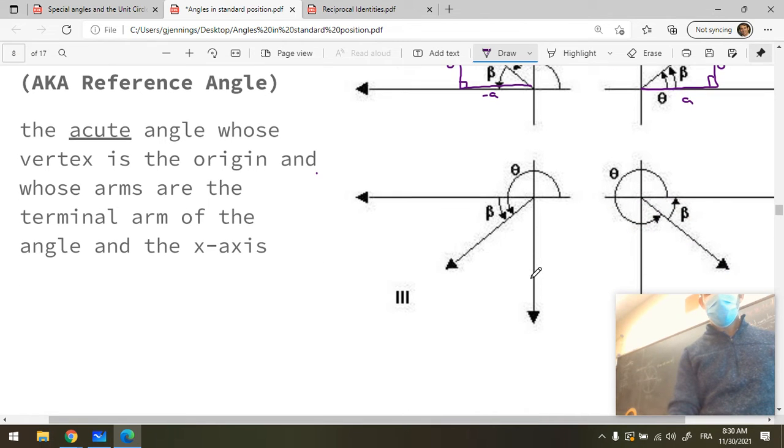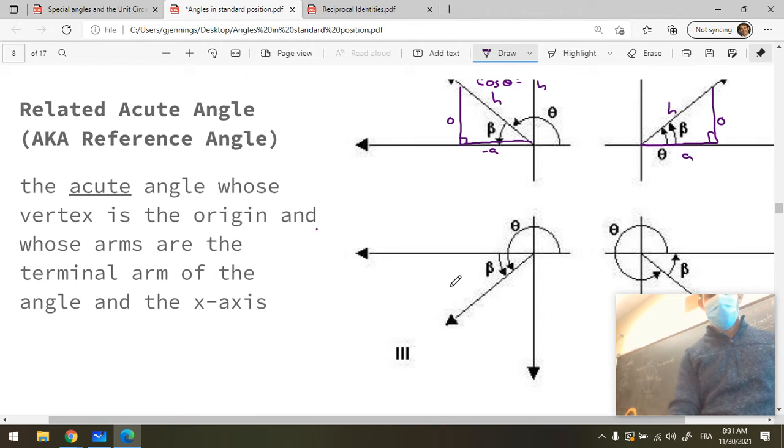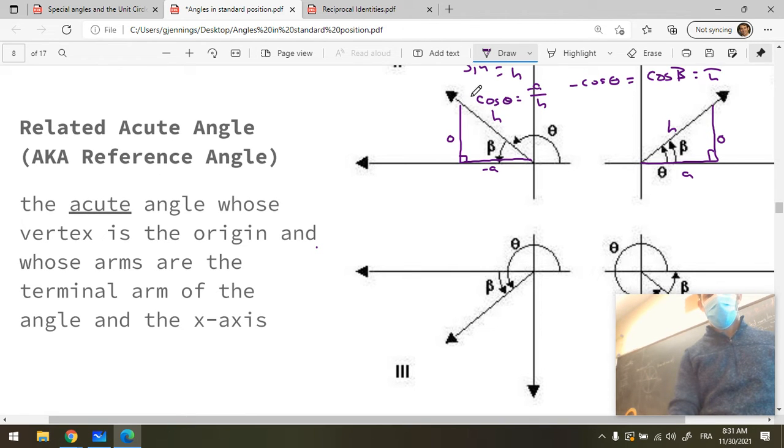When we rotate into the third quadrant, the related acute angle is how much past the y-axis we go. So it's like a rotation of this angle around the origin, but it's better to think about it as being reflected this way and then reflected that way. You'll notice that beta here, if we reflect that through the x-axis, it would give us the same opposite and adjacent, but both of them would be negative.